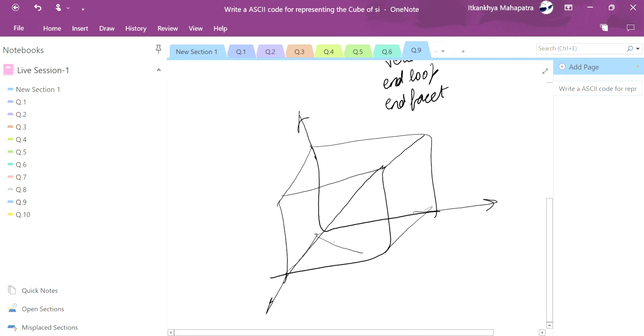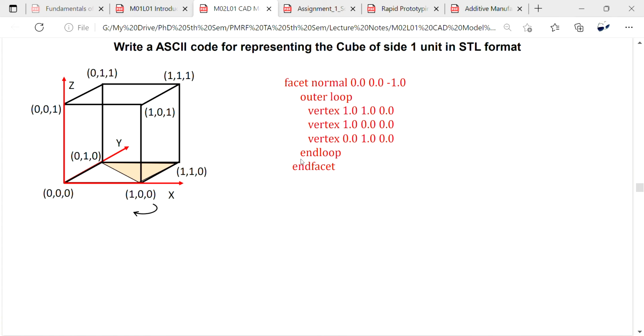So now we are considering this plane. I'll just draw a part of a cube. Okay, so we know for each triangle, as we must have seen in the videos, suppose this is a cube.